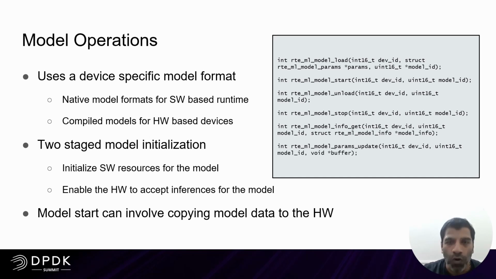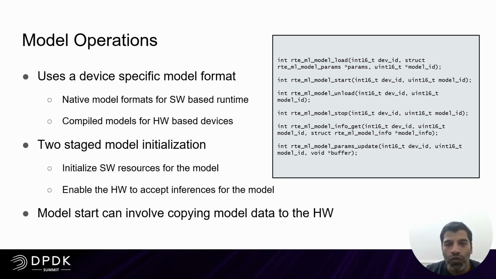The first one being load, and the second one being start. The load operation is meant for initializing driver resources for the model, and the start would enable the device to accept the inference requests specific to that model. Now, on a hardware-backed device, the start could also involve copying the model data to the hardware.